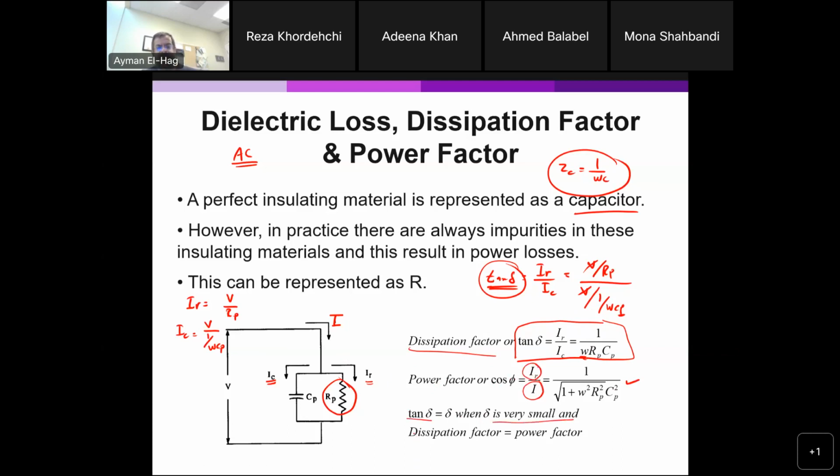And as a matter of fact, when the angle is very, very small, the dissipation factor and the power factor, both of them will be equal because the current is mainly IC, because the resistive current is extremely small. The main current that you have is IC, not IR. IR component is very, very small. So that is the theoretical meaning of the tan delta, the power factor, or the dissipation factor.